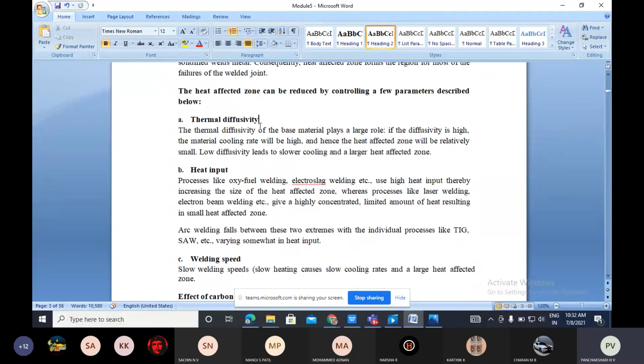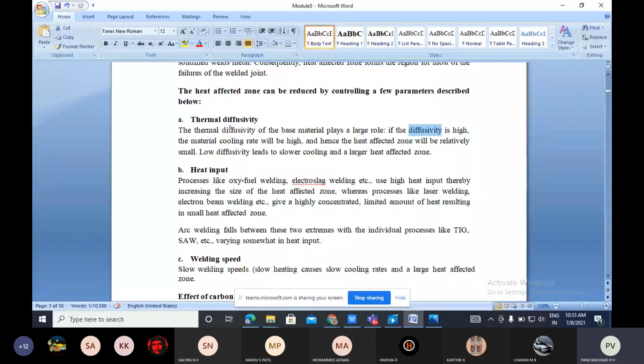So what is thermal diffusivity? Already mentioned, diffusion is the spreading of heat. The thermal diffusivity of the base metal plays a large role. If the diffusivity is high, the material cooling rate will be high, hence the heat affected zone will be relatively small. Low diffusivity leads to slower cooling and a larger heat affected zone.